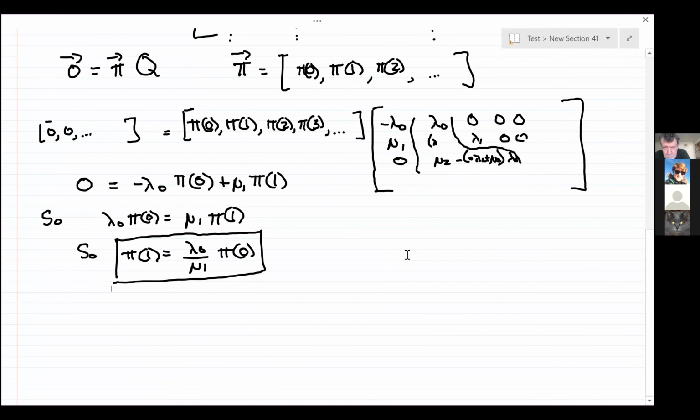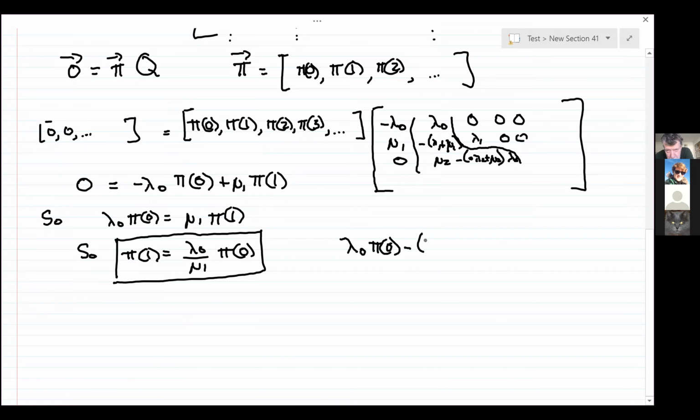Let's multiply the next one together. Well, it already got lost here. This term here was what? Lambda 1 plus mu1 with a minus in front of it. Okay, so what happens when you now multiply this vector times the second column? You will get lambda 0 times pi 0 again. And you will get pi 1 times this.